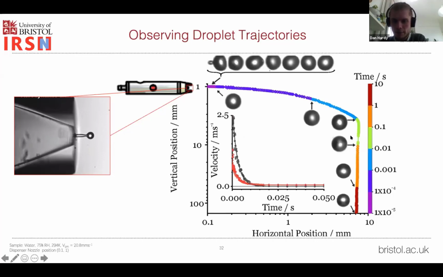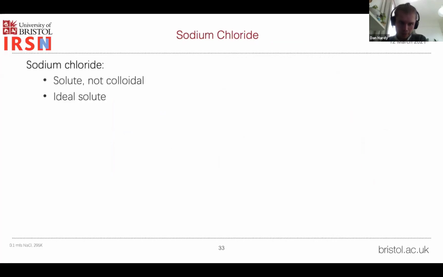I've color scaled this with time, so you can see the different time regimes over which we're able to observe processes. And everywhere I take a measurement, we can also measure the droplet size, so aerodynamic and geometric size.